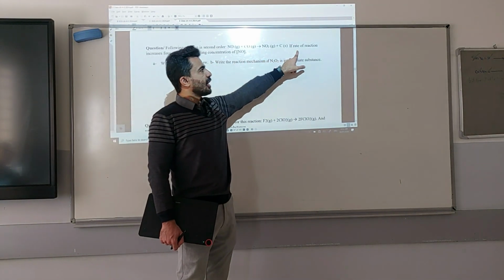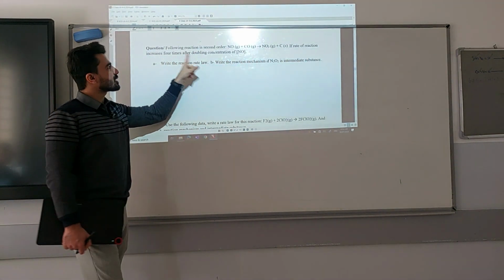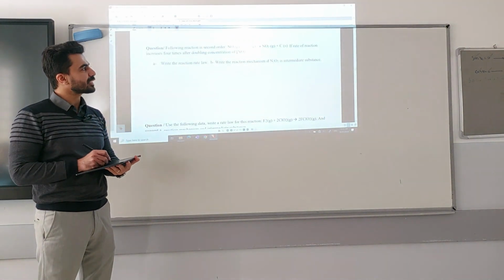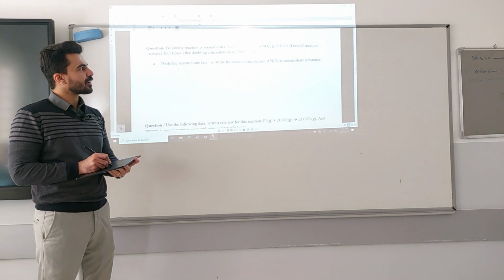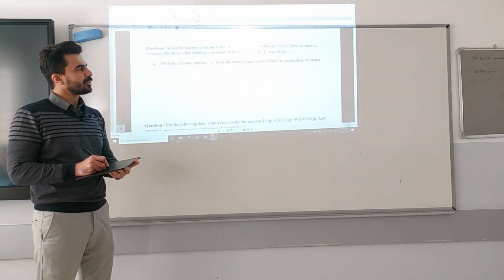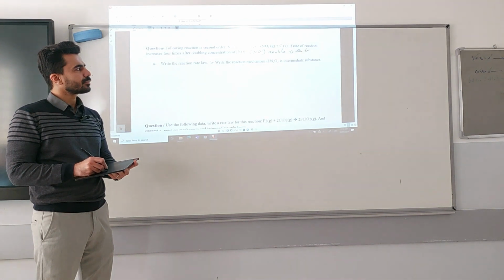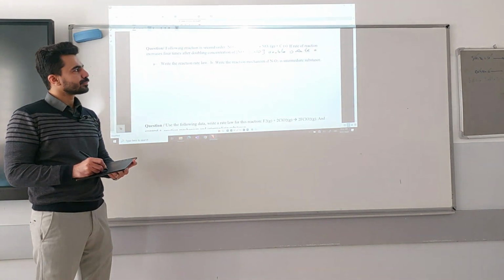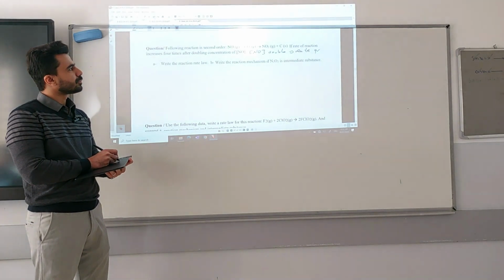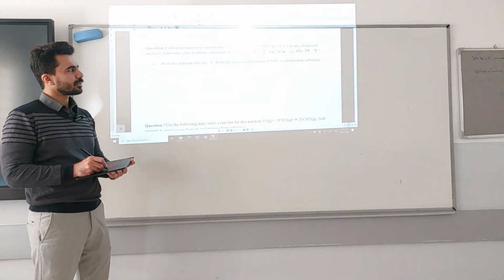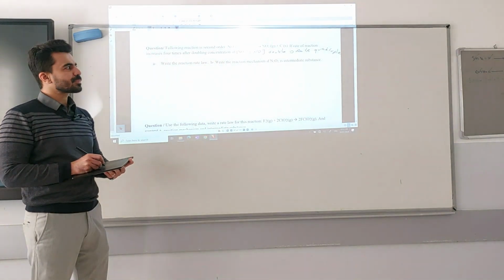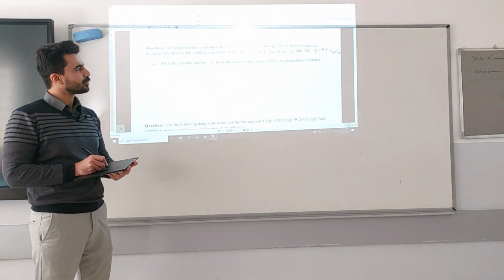It says, if the rate of reaction increases 4 times after doubling the concentration of NO. So it means we have doubled the concentration of NO, then the rate quadruples. Then what must be the order of NO?